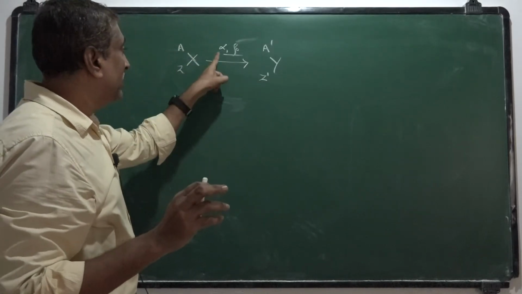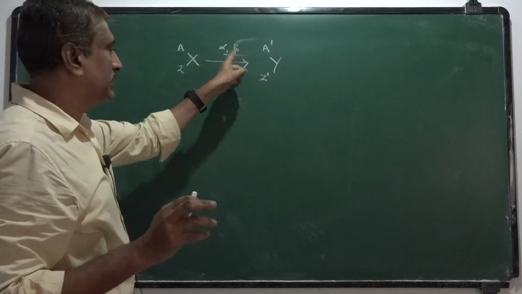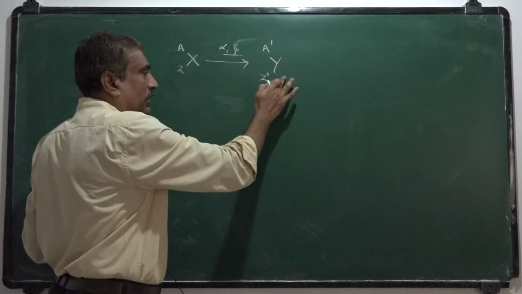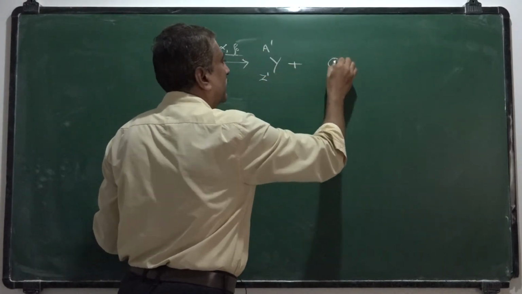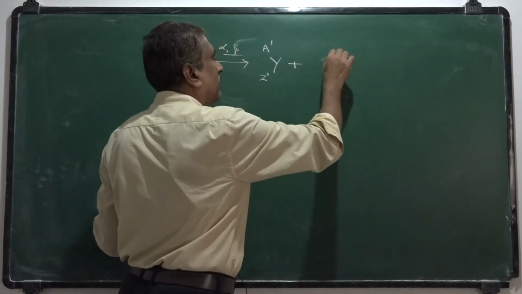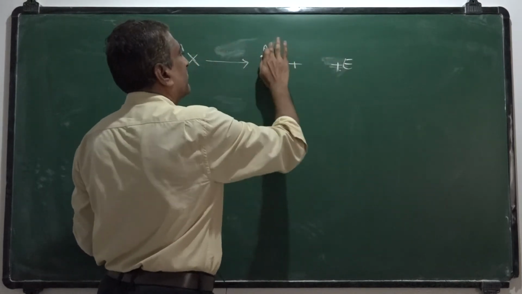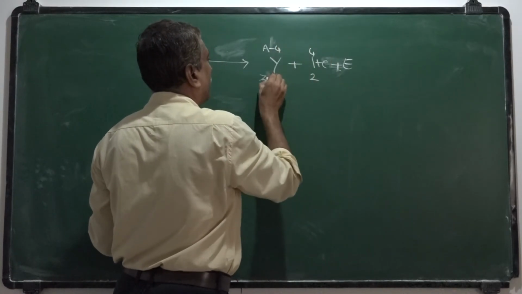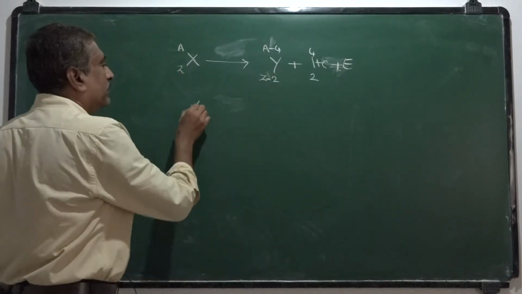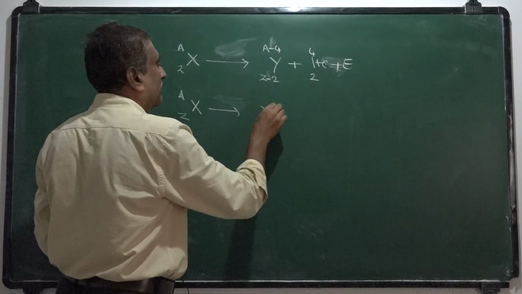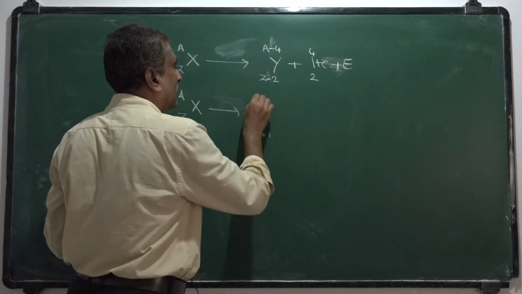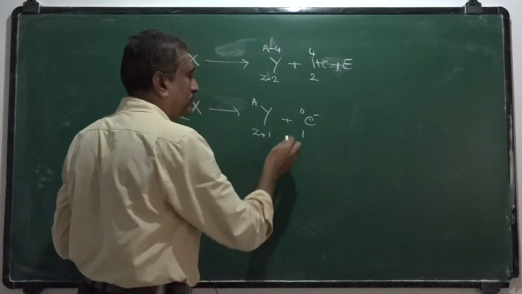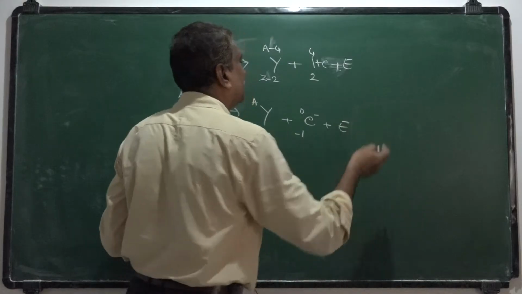Now when alpha or beta particles are emitted in decay, this nucleus changes to another nucleus so that energy is released. We can write like this if it is alpha decay, and like this if it is beta decay, plus energy.